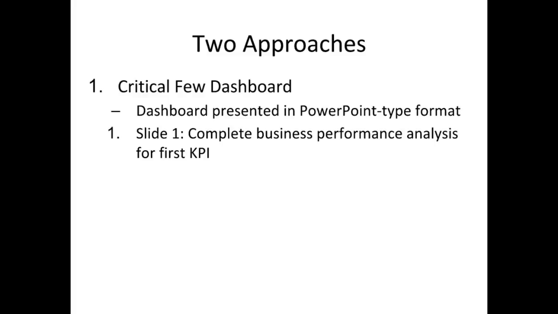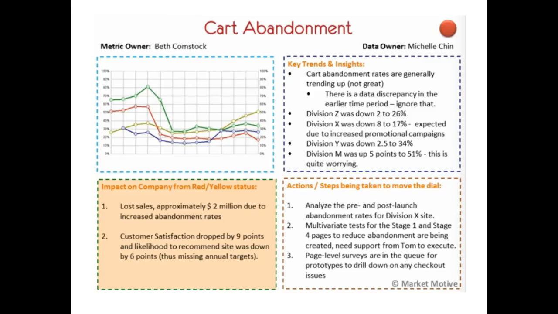This dashboard is really presented in a PowerPoint-type format, where the first slide is an overview of the complete business performance analysis for the first KPI. So go back to the KPIs that you designed and pick one. Start with the one KPI, and on that one PowerPoint slide, you're going to type the KPI, for example cart abandonment: we're going to decrease the cart abandonment.